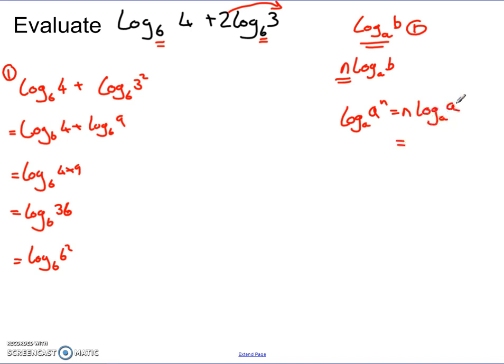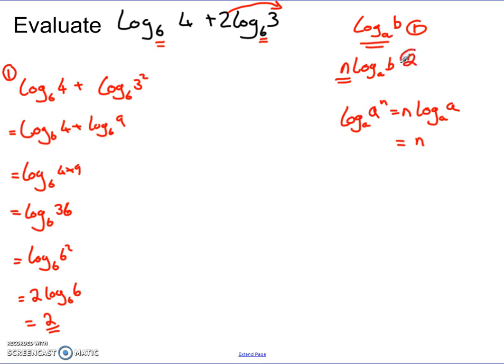And I know log to the base a of a is equal to 1, so that just gives me n. So I can actually use that on this one to simplify it even further and write that as 2 times log to the base 6 of 6, which I know log to the base 6 of 6 is 1, is going to be equal to 2. So it's going to give me that one quite simply.